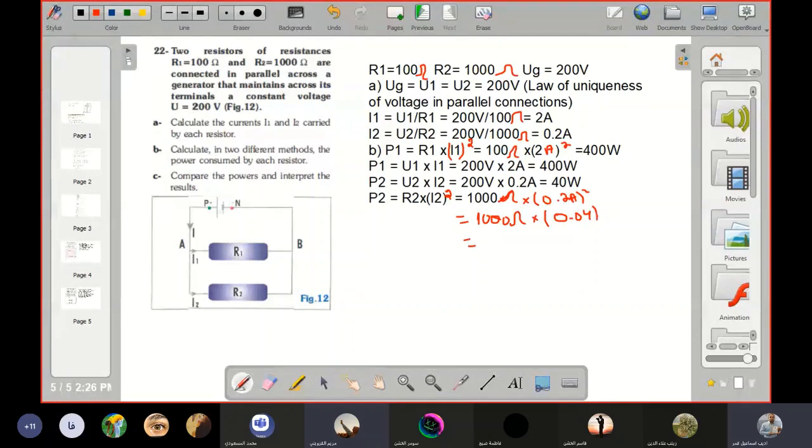So 1000 ohms times 0.04 equals 40 watts. Okay, this was part B.